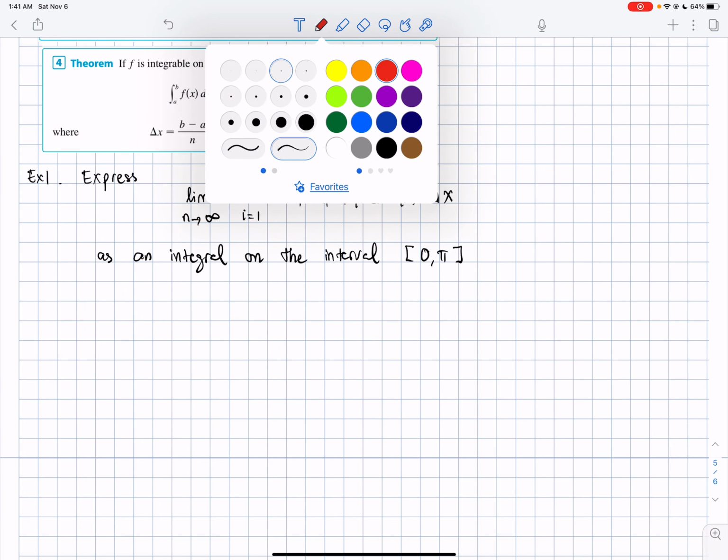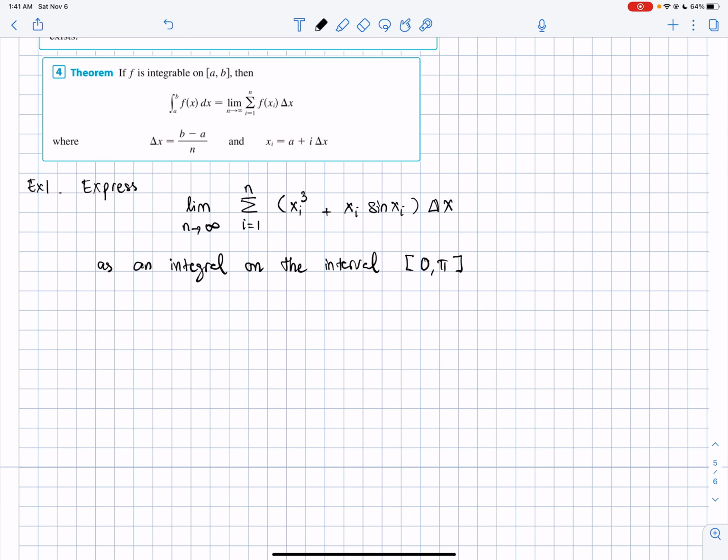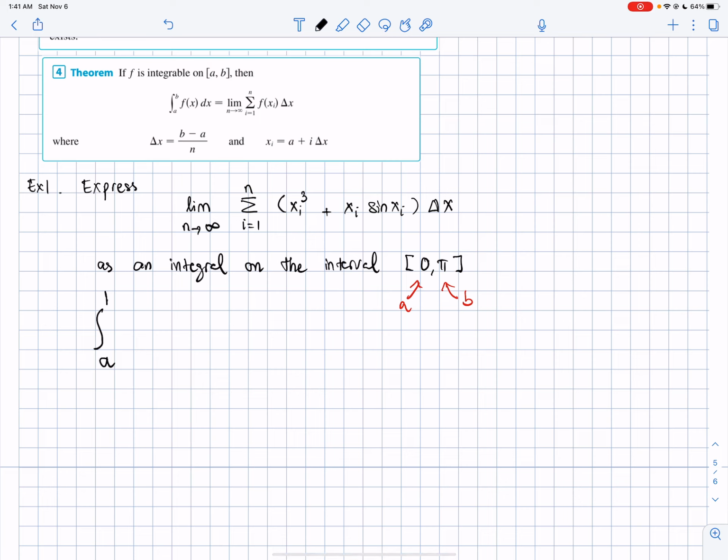Example number 1 is very easy. We will apply theorem number 4. The question is, we want to express this limit, which is the right hand side according to this theorem or the definition, in integral notation, and they give us the interval from 0 to pi. So here, this is going to be your a and this is going to be your b. So we put a and b like this.